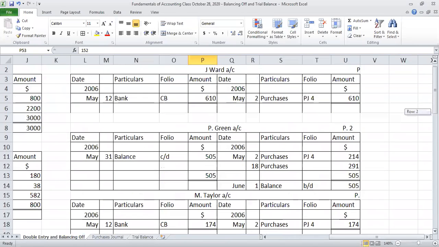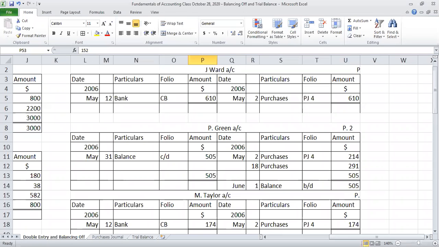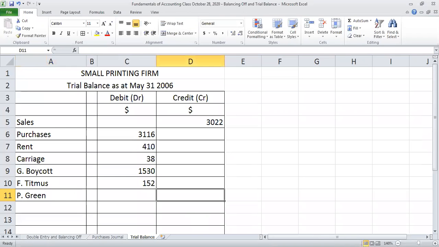So therefore, you're going to put in P Green first, and the amount will go on the credit side. So you have P Green, and that would be on the credit side, the amount would be 505.